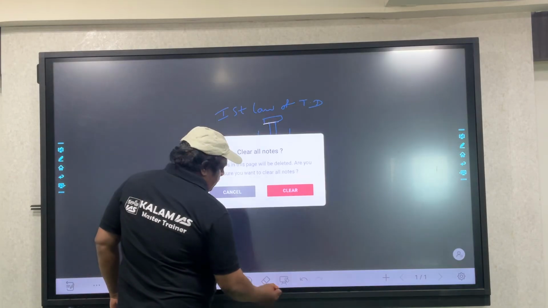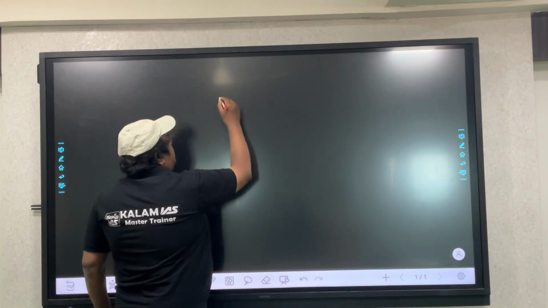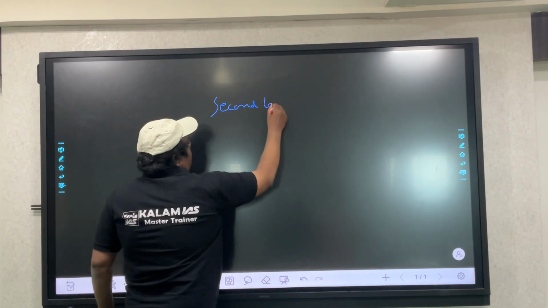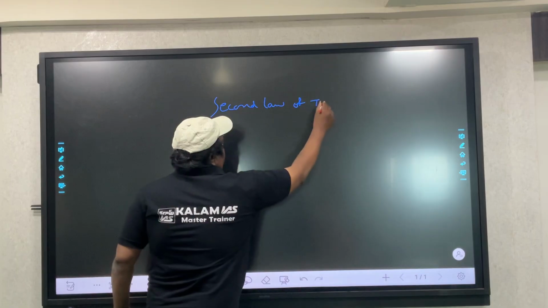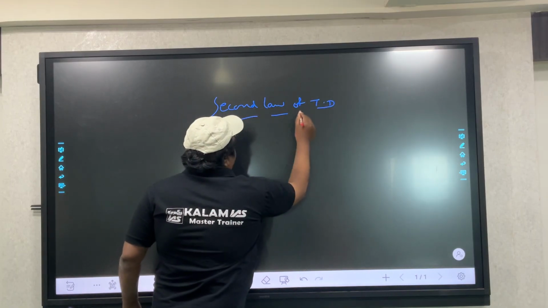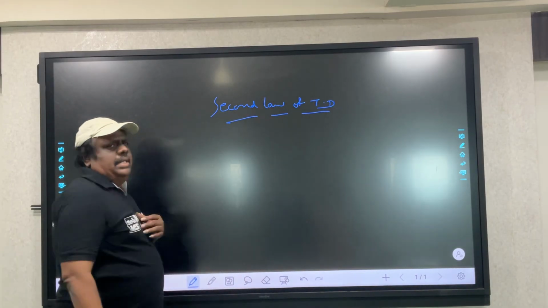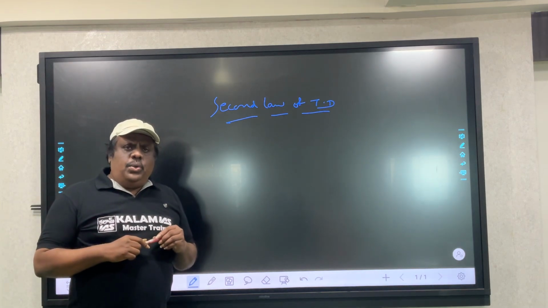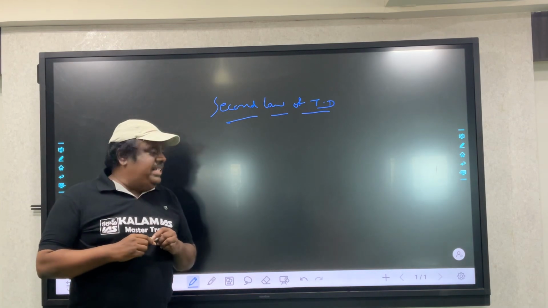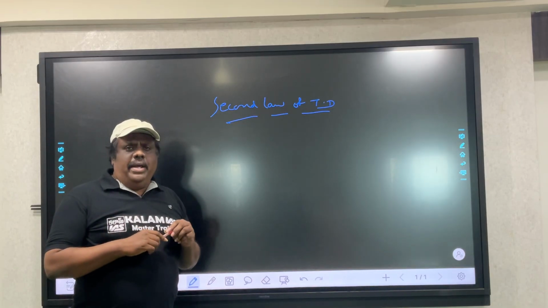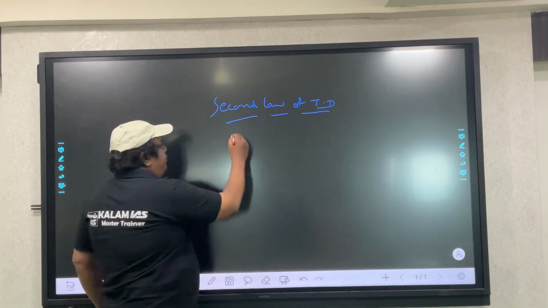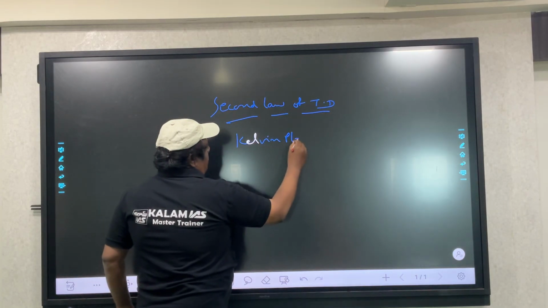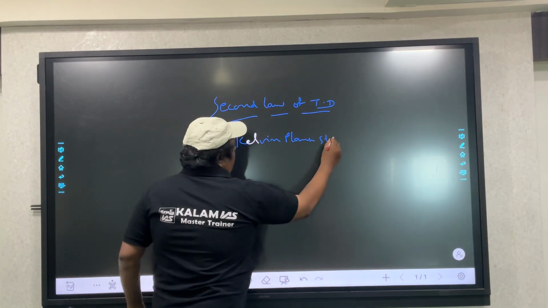Next, second law. Second law of thermodynamics mainly contains two important statements. One is the Kelvin-Planck statement.